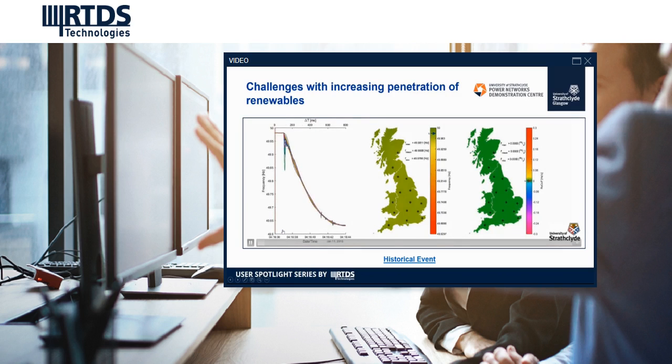Here is a historical event we recorded with PMU data across the GB transmission system. As you can see, when the event happens, the frequency and RoCoF value are no longer a uniform value across the system. If you look at this point, this is the RoCoF value here. That is where the event happens.